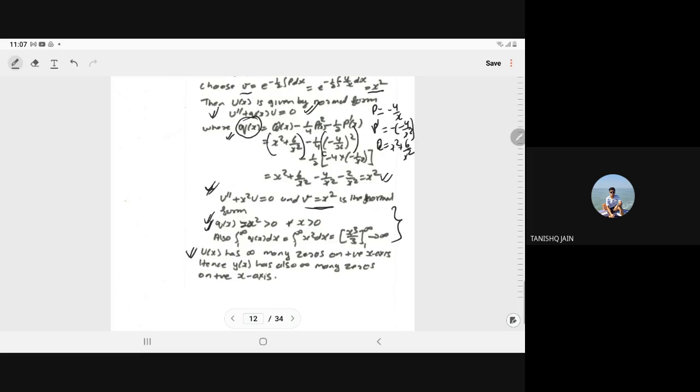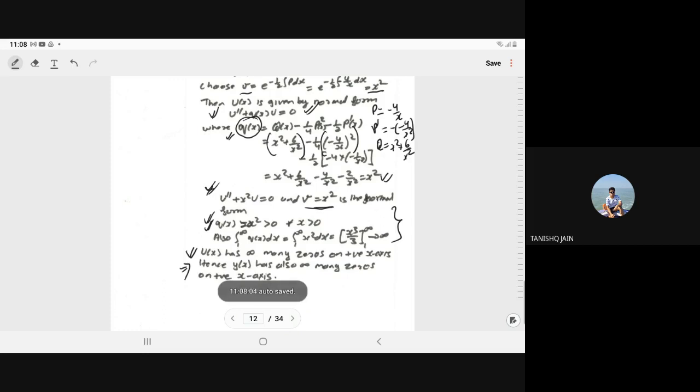Whatever the conclusion of theorem C, you can make that conclusion because it satisfies both hypotheses of the theorem. So if u(x) has infinitely many zeros on the positive x-axis, it implies y(x) also has infinitely many zeros on the positive x-axis.